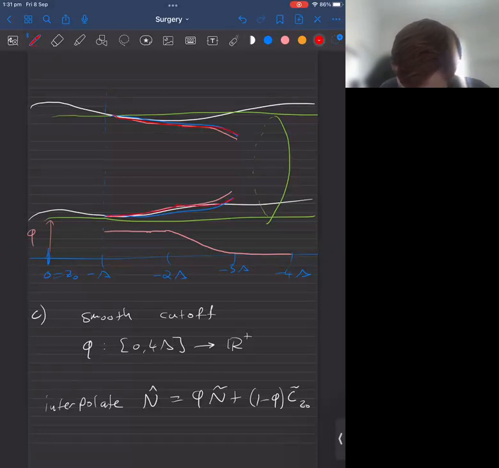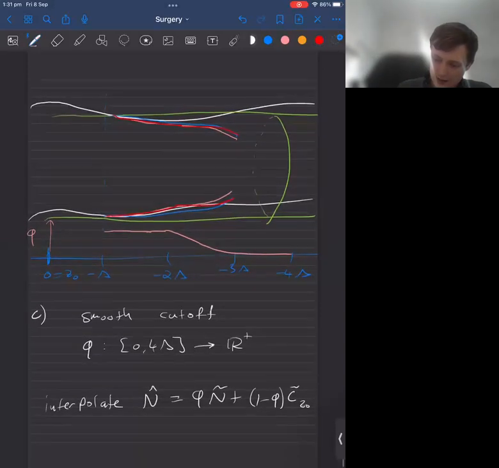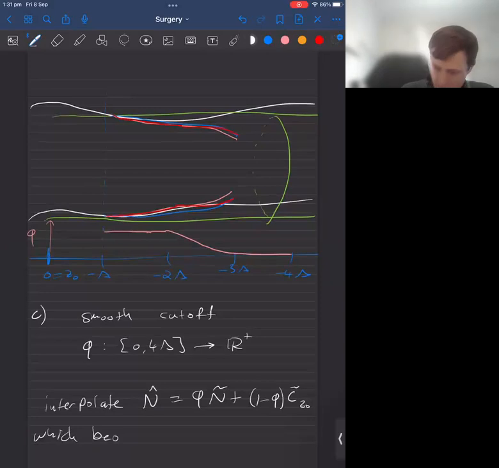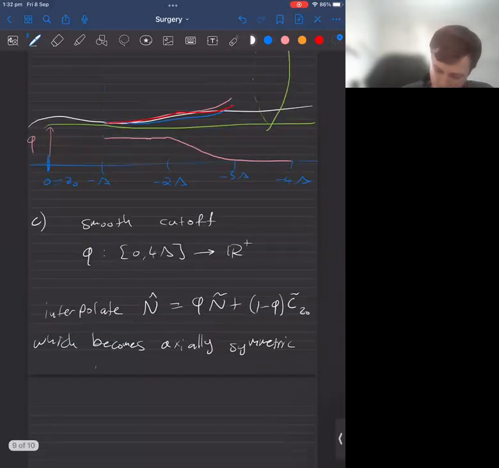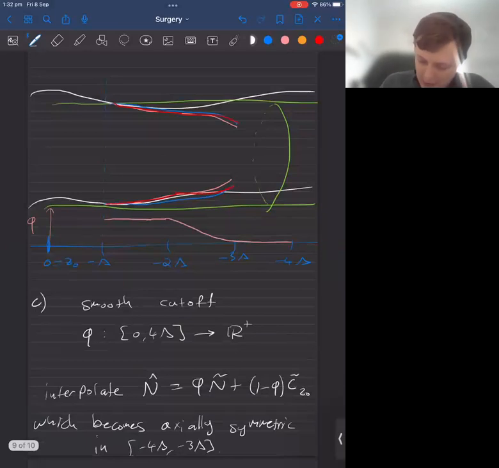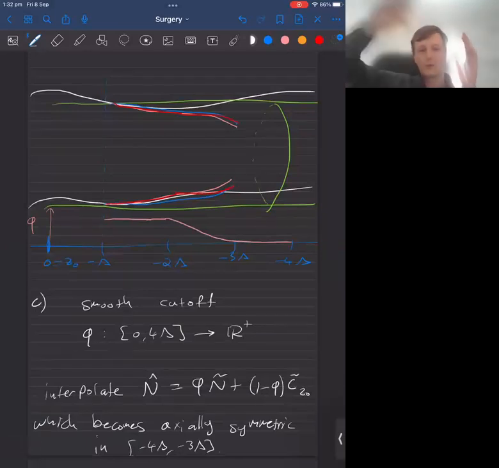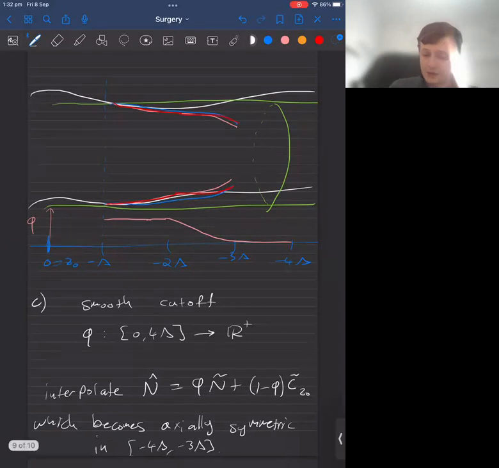It's not a great image, but the idea is that this becomes actually symmetric in, I guess this is going to be -4 lambda to -3 lambda now. So that's why we interpolate with the cylinder. We want something actually symmetric.